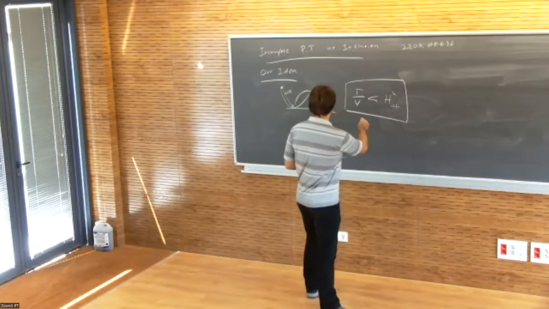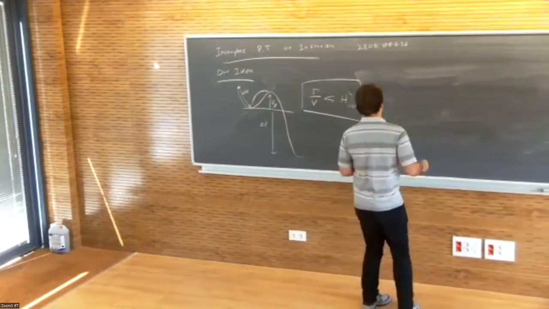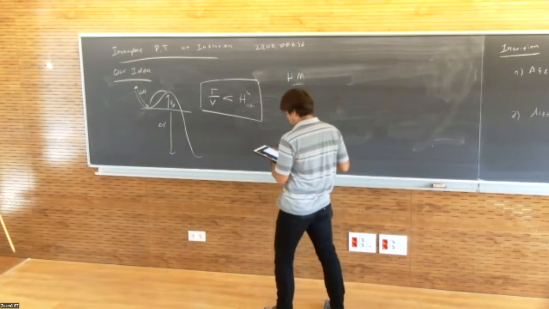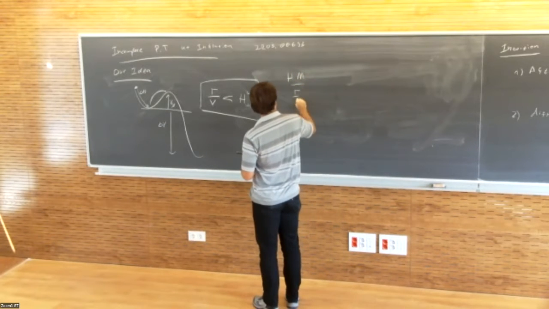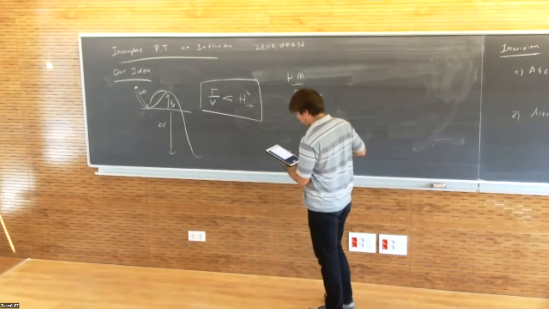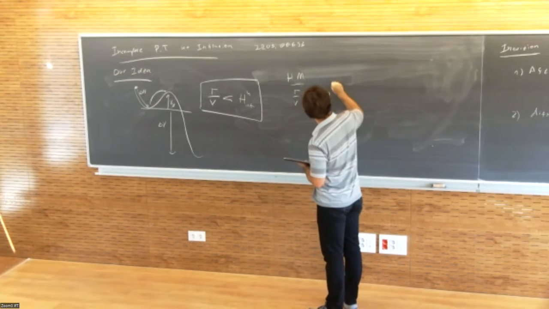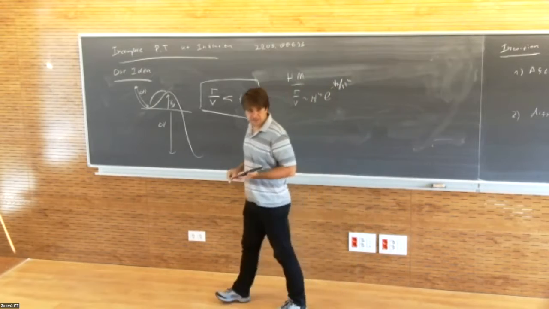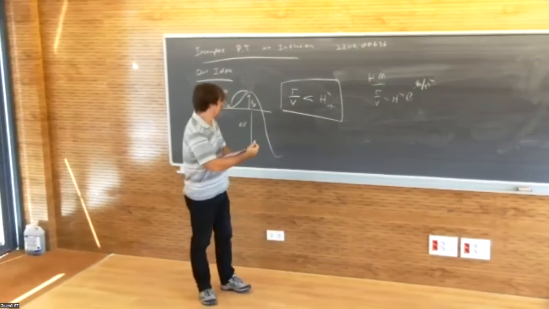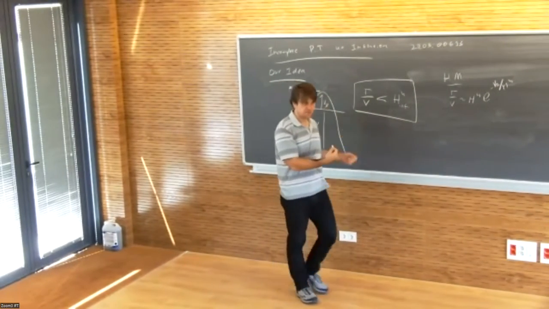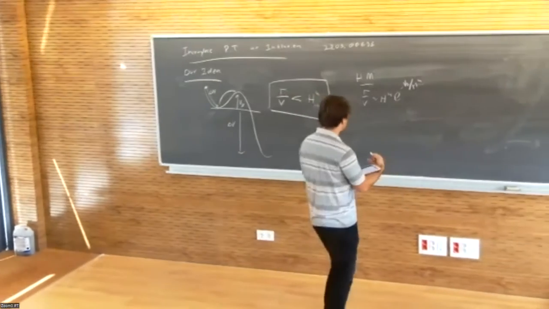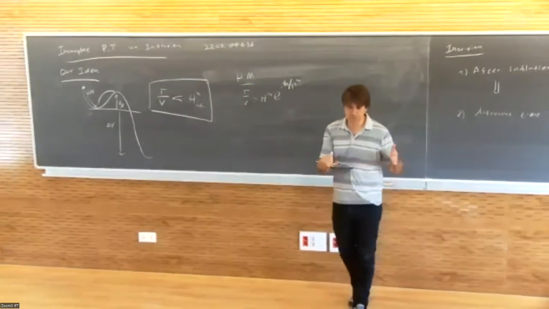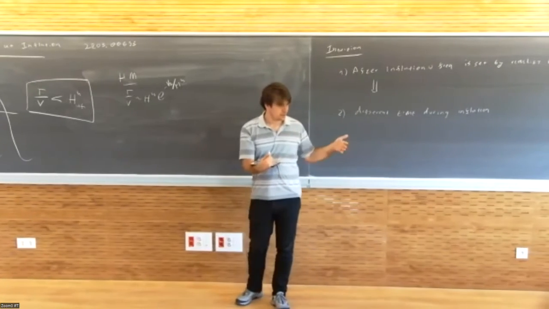Let me connect this immediately to the parameters. For Hawking-Moss tunneling, we know that gamma over V is roughly equal to H to the 4 times e to the minus V_B over H to the 4. So it's basically climbing the height of this barrier with a Hawking temperature of Hubble for a volume that is a Hubble sphere.